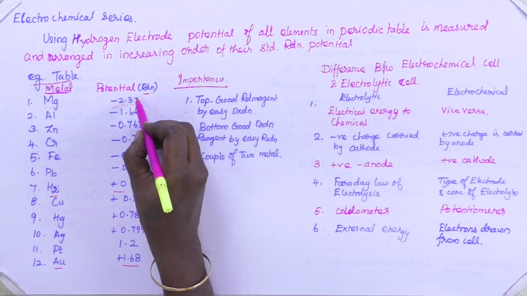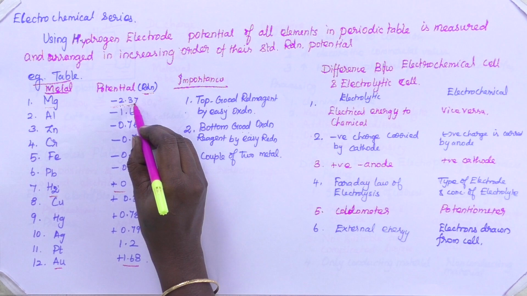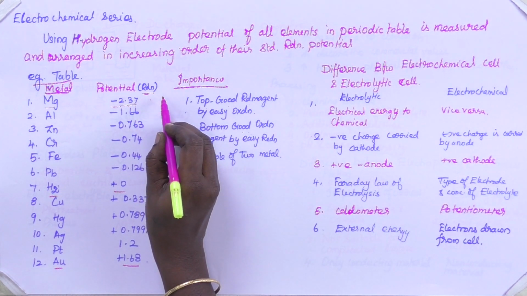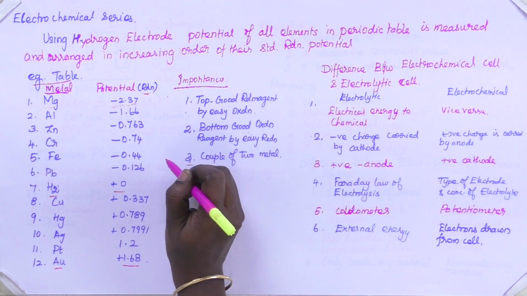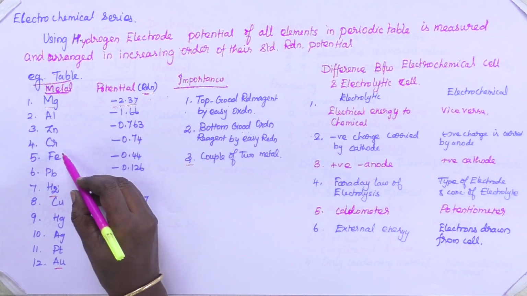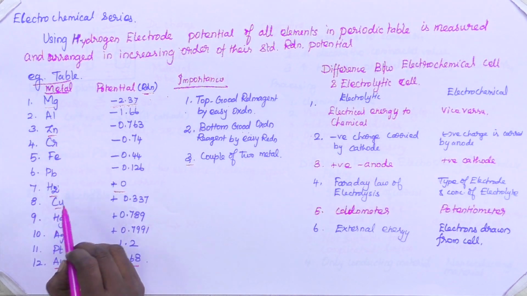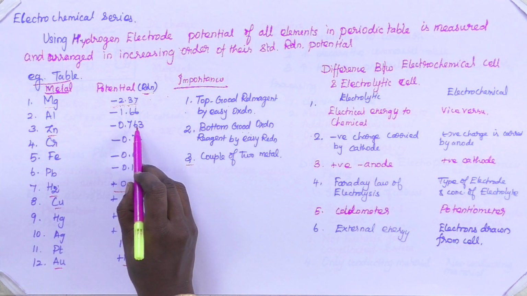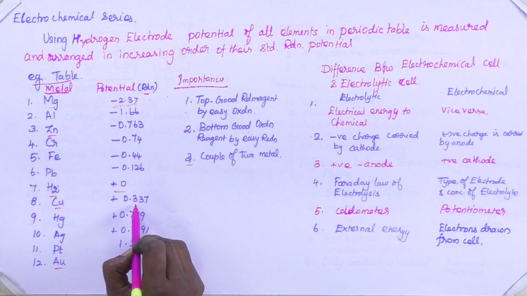If the reduction potential is highly negative, it is good for oxidation and acts as a reducing agent. The third application is when you couple two electrodes. For example, in the Daniel cell we couple zinc and copper. Zinc has a reduction potential of minus 0.763 and copper plus 0.337.